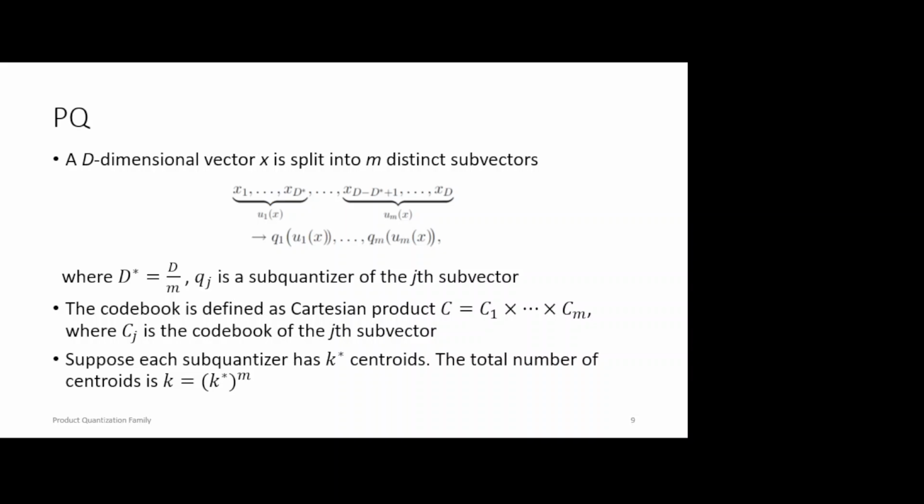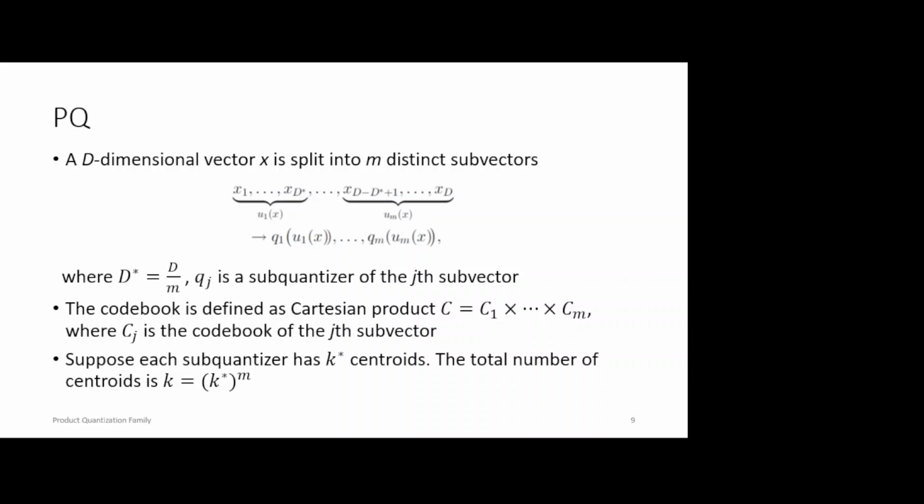So now we will have C1 until Cn, n codebooks, and the total codebook is a product of all the subspace codebooks. Suppose C1 has 10, C2 also 10, C3 also 10, until n. You multiply all of them and you get a very huge combination for your codebook.